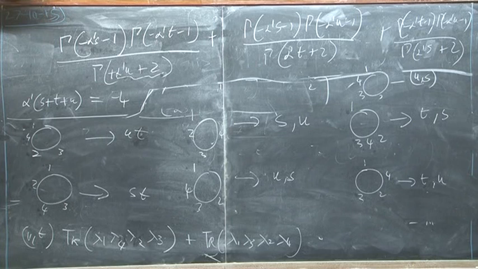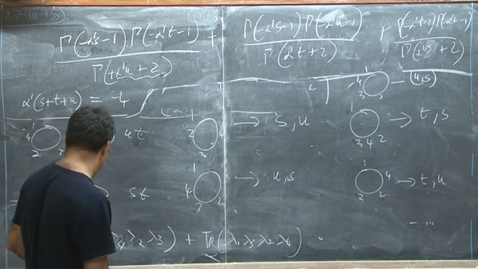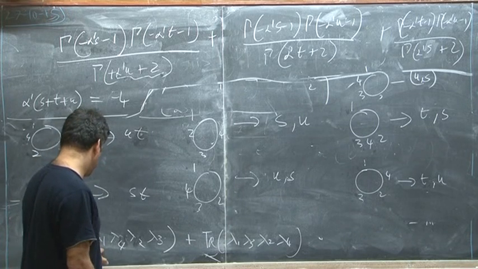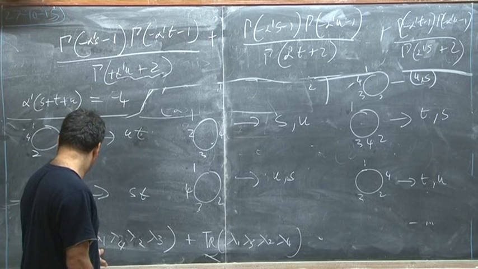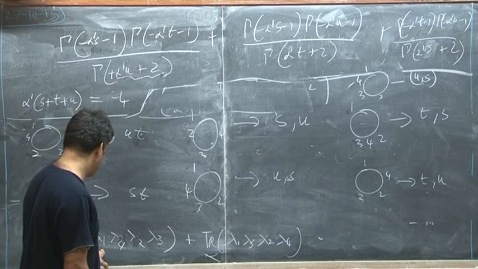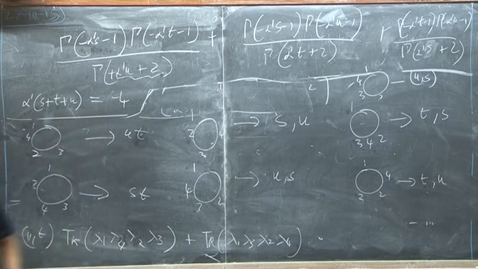Let me check with Kuczynski. UT 1, 2, 3, 4, 1, 4, 1, 3, 2, 4.